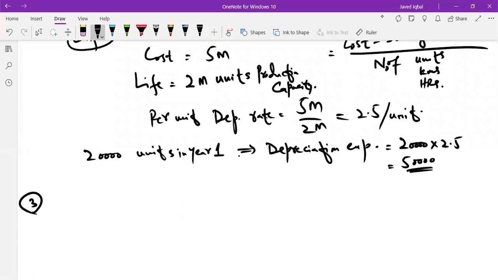The third method is an accelerated depreciation method, normally and most generally called the double declining balance method.